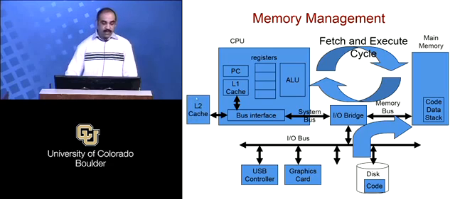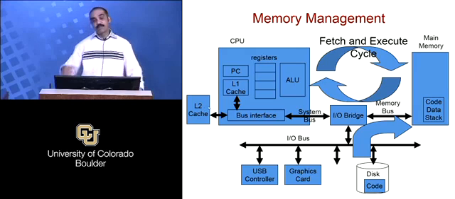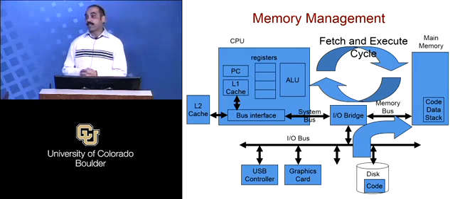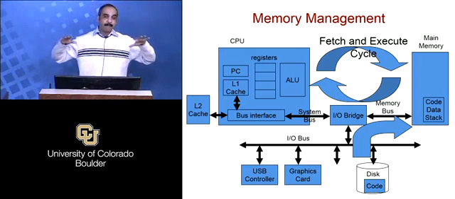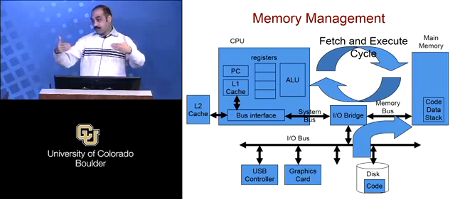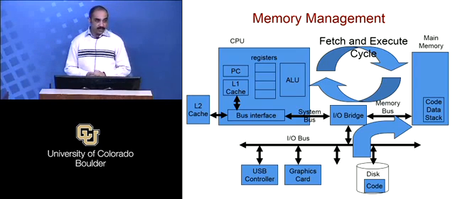L2 cache is also there, which is off the chip. Some processors have an L3 cache, which is if you have multiple cores, then some caches are shared by the cores, and then each core may have its own cache. So one is the L2 cache, the other is the L3 cache.